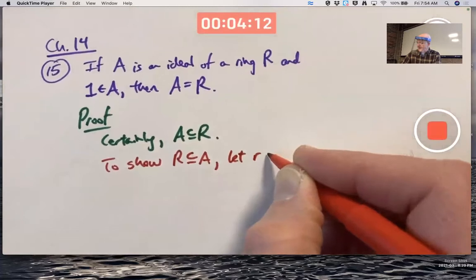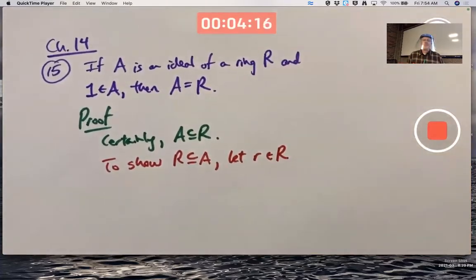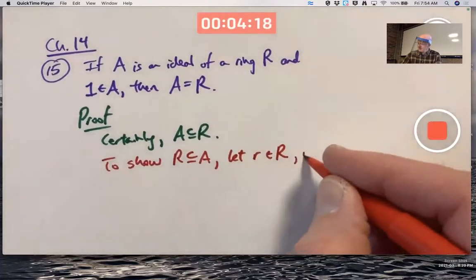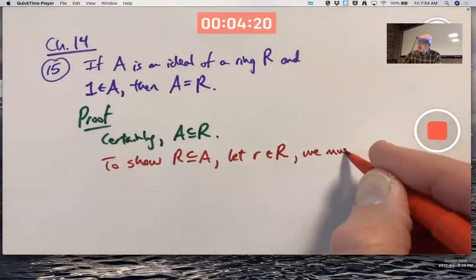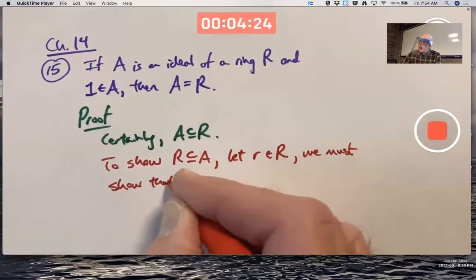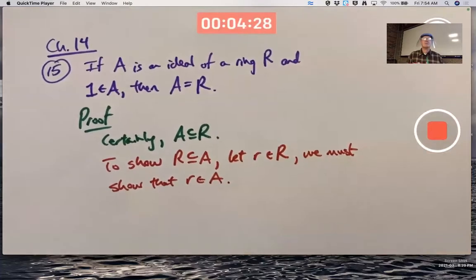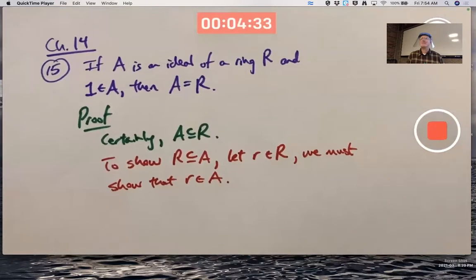Suppose you've got an arbitrary element of capital R. We must show that that element is also in A. Did you figure out the trick? Anybody want to share? Do you think you figured it out? It's based on the definition of an ideal.